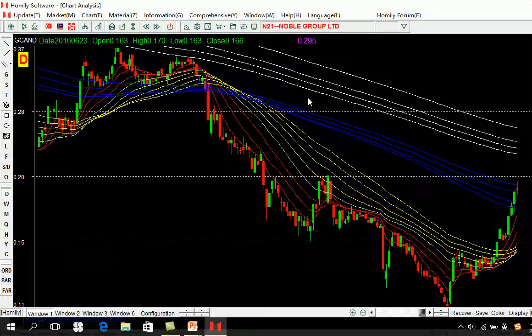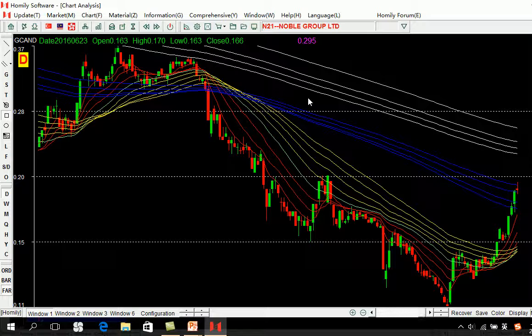The target price, where is the target price? Because maybe you missed a good chance to buy Noble, okay? So we see here, the white line, this is the red line, right? Red line goes up, which means you can do some short-term trading, okay? Then we know that here, the price had some rebound, then rose and touched the blue lines, right?